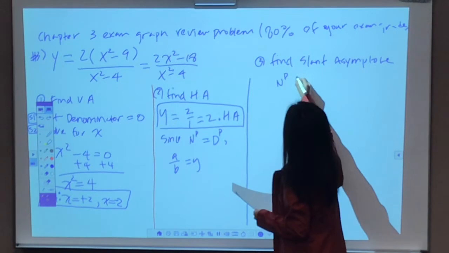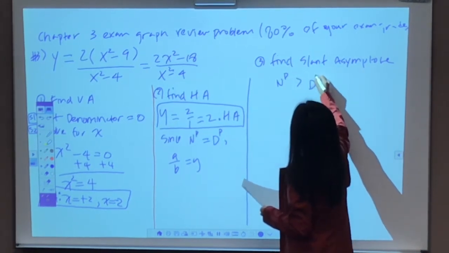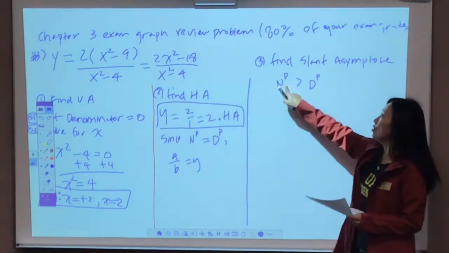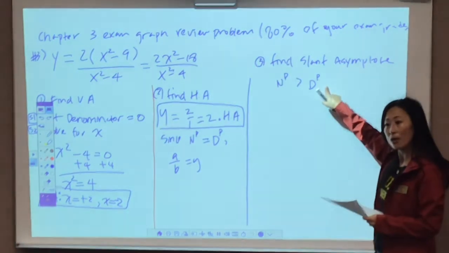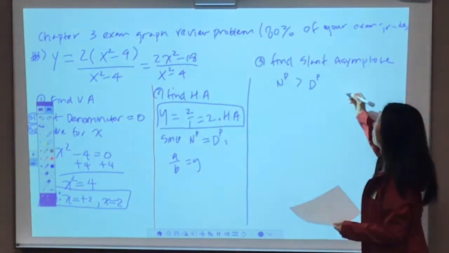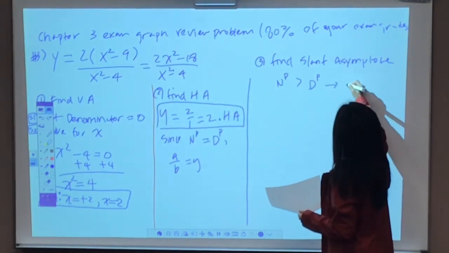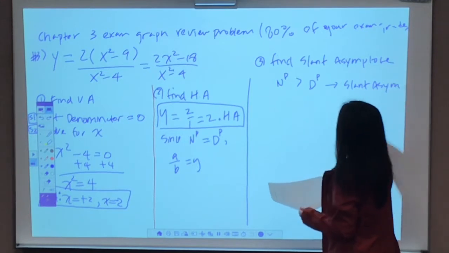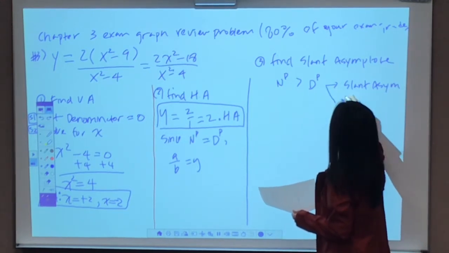The numerator power is bigger than what? The denominator power. If the numerator power is bigger than the denominator power, then what happens? You have a slant asymptote.